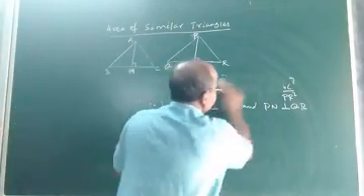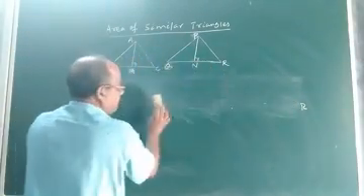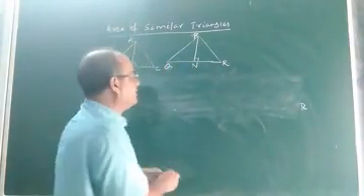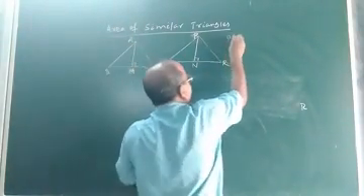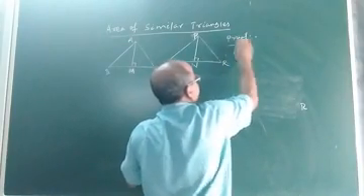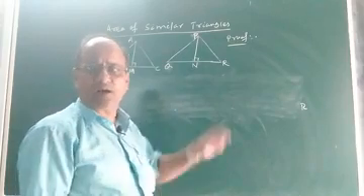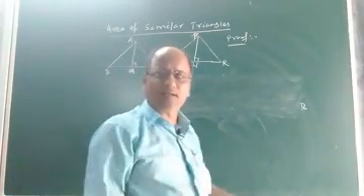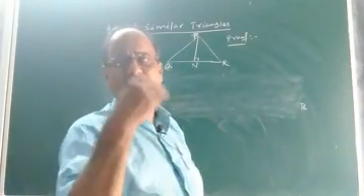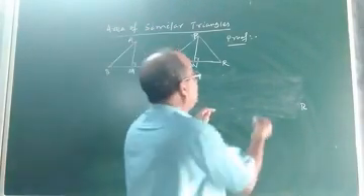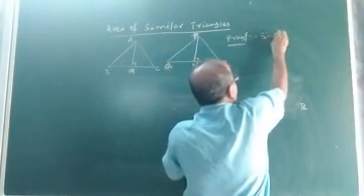Children, as we are given, triangle ABC and triangle PQR are similar. So you know, if two triangles are similar, their corresponding sides are proportional and the corresponding angles are equal. So this is the first step.